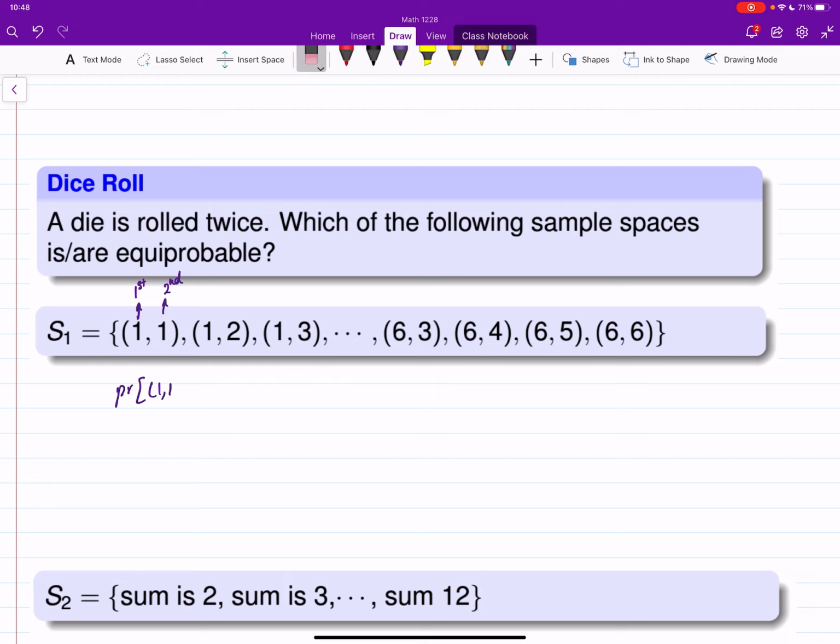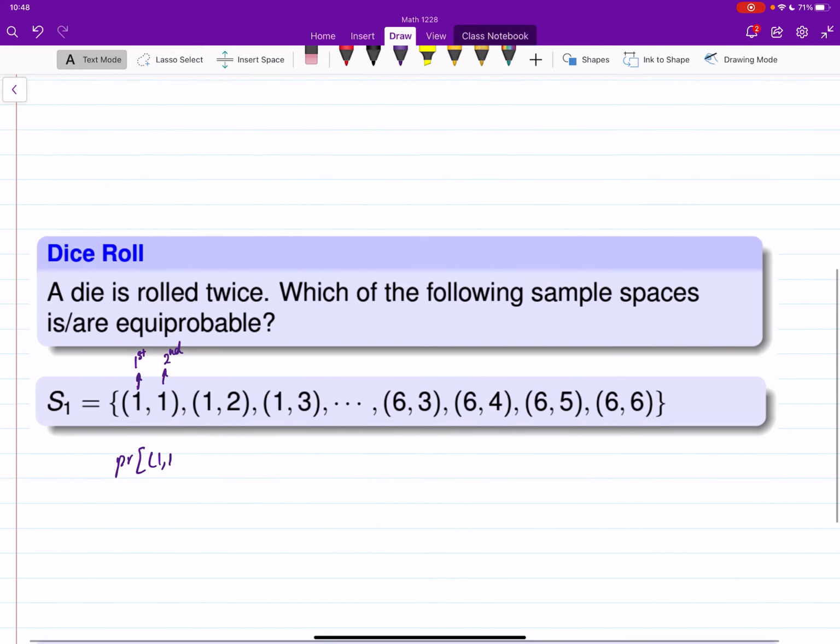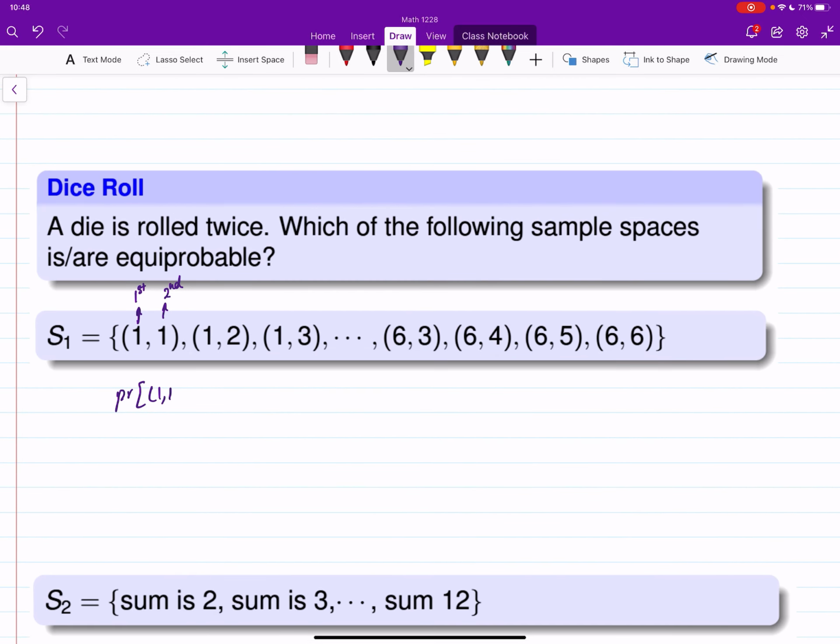One of the ideas I would like to use to make this intuition stronger is again that relabeling the sides wouldn't change the probability. So if I have the list of all the outcomes here, they will have the same probability. So S1 is yes, an equiprobable sample space.